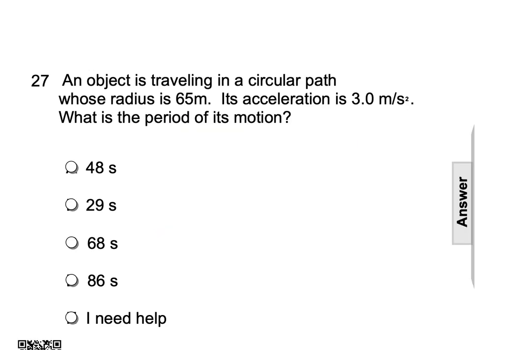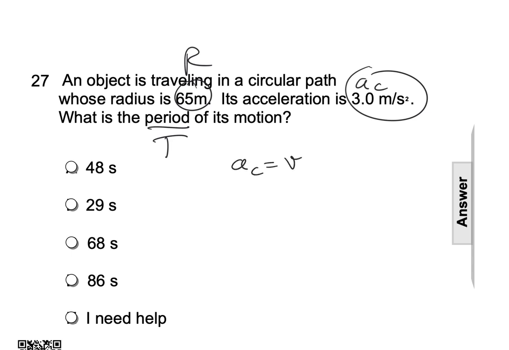I could just use that equation that we just derived, or I could start from scratch again, which I'm not going to do. So looking for the period. So now let's just solve for it again. So we've got AC here. I've got the radius.